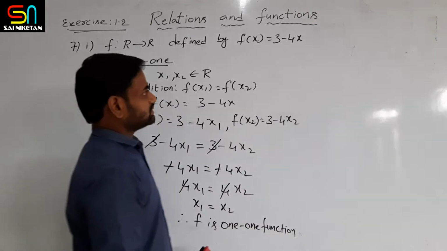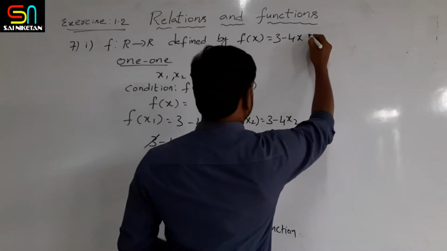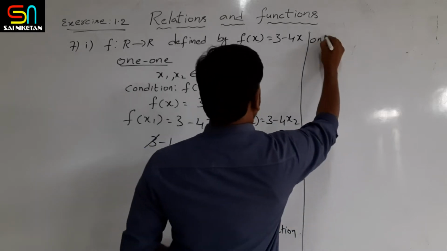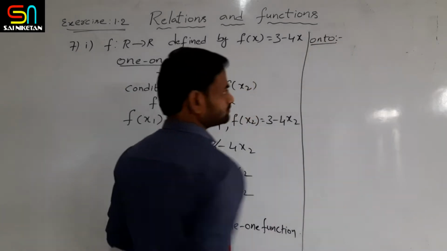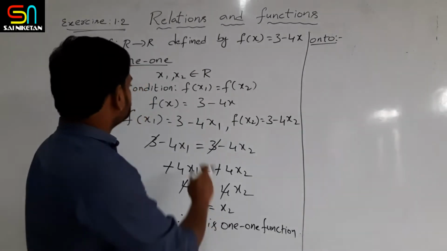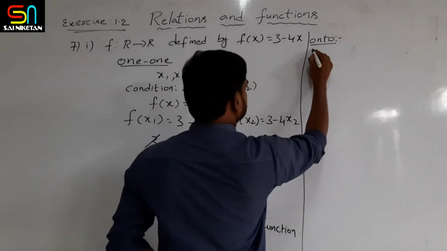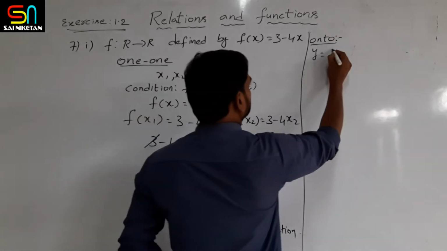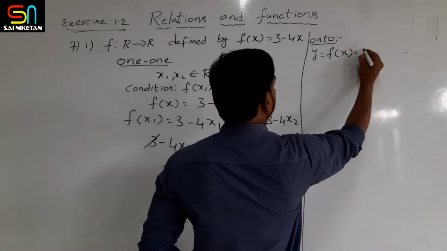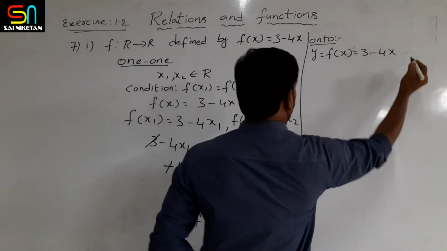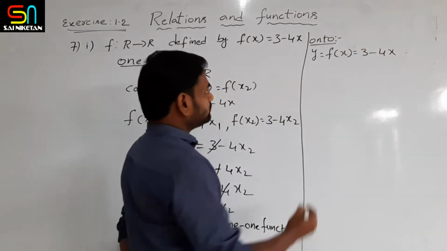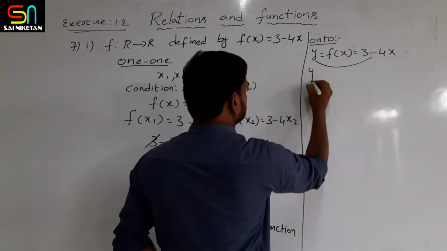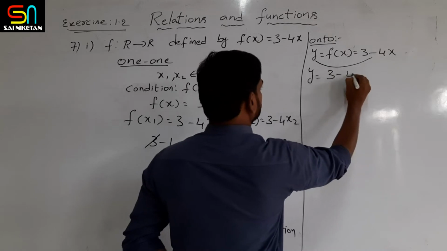Okay. Now see, what about the onto? I am checking onto here. Just take this function as y. That is y = f(x) = 3 - 4x. Now take these two. That is y = 3 - 4x.